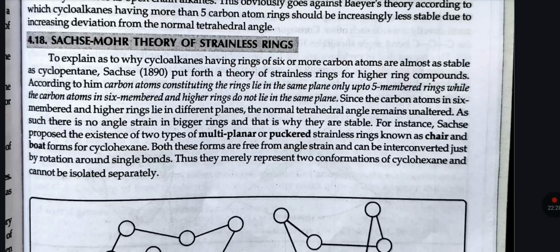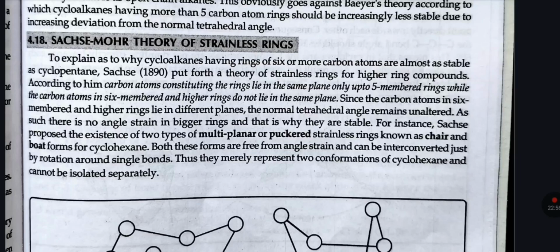For instance, Sachs proposed the existence of two types of multiplanar puckered strainless rings known as chair or boat forms of cyclohexane. Both these forms are free from angle strain and can be interconverted just by rotation around single bonds.